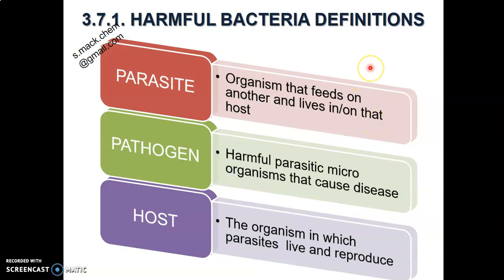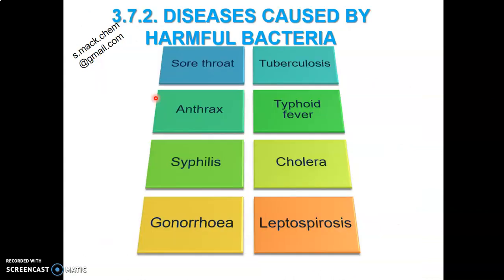So let's continue keeping these definitions in mind, right? And keeping in mind, your pathogen is a lot smaller than your parasite. Right, so what you're going to do for me is, here are some diseases which are caused by harmful bacteria. You're going to take down the list. If there are any others that you know of, you're also going to write it down. So just for your benefit, let's go through the list.